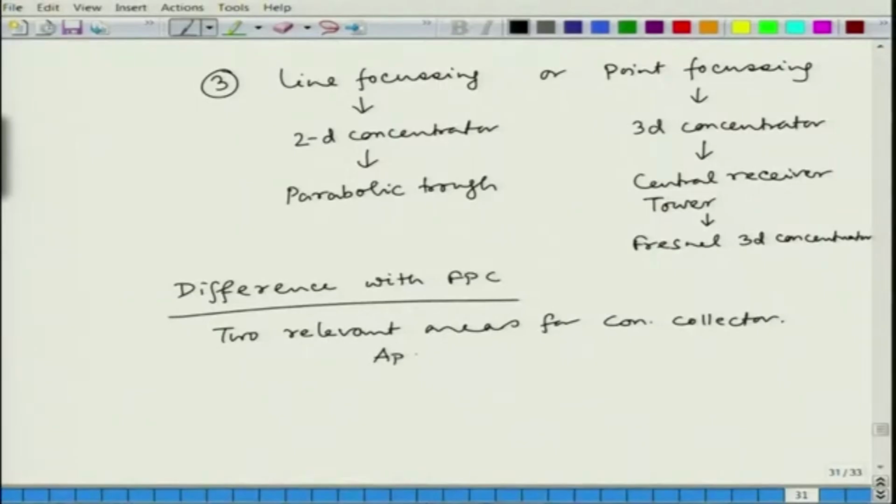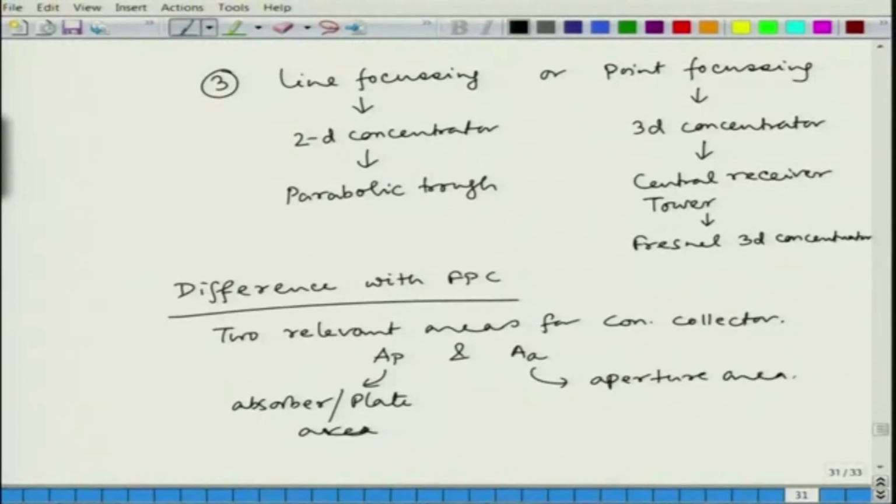One is the absorber area or plate area AP, and other one is aperture area or AA. So, this is the absorber or plate area, and this is aperture area. So, if you remember the flat plate collector, we had only one area AC, the collector area, or we have also written AP. Okay. So, there were no different areas.